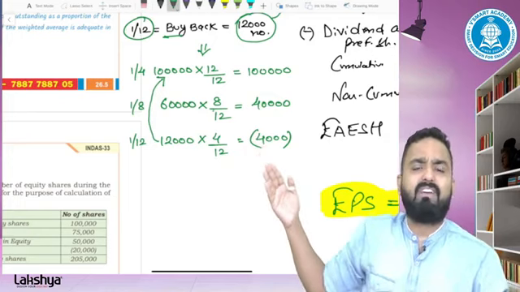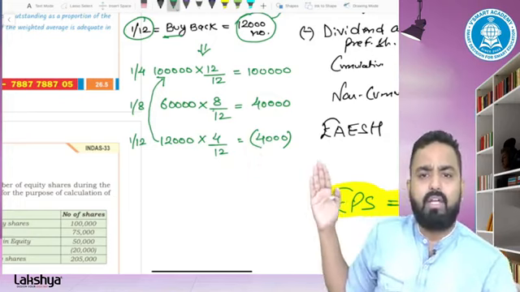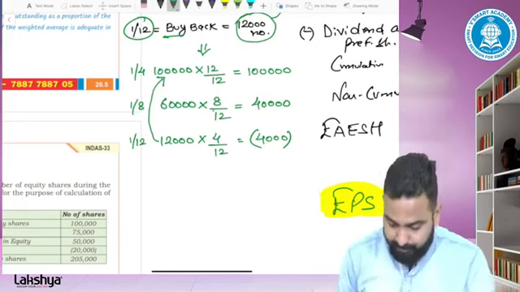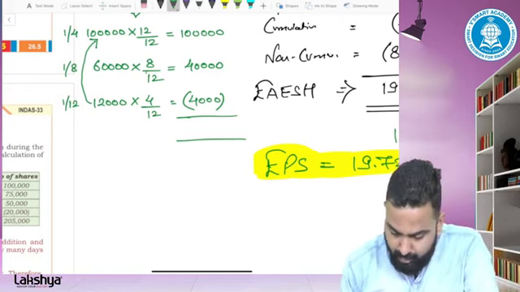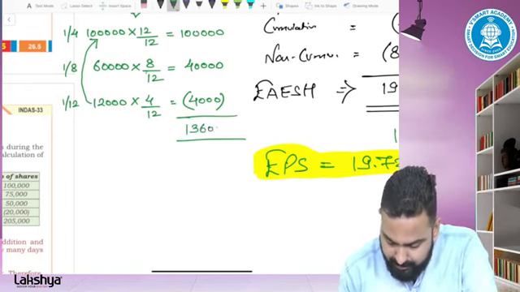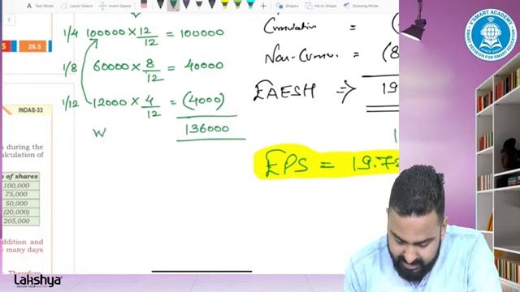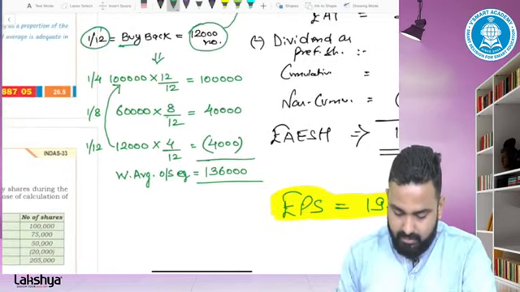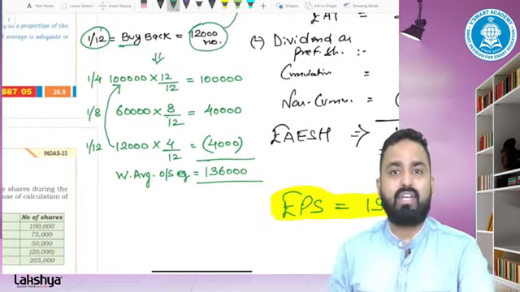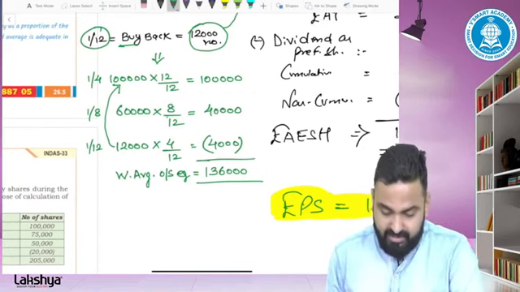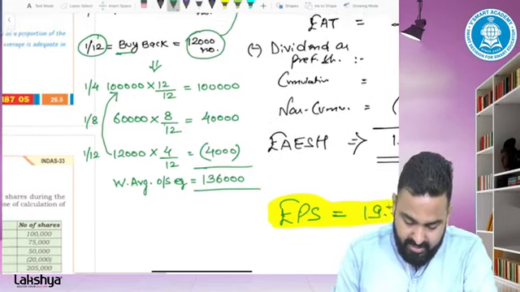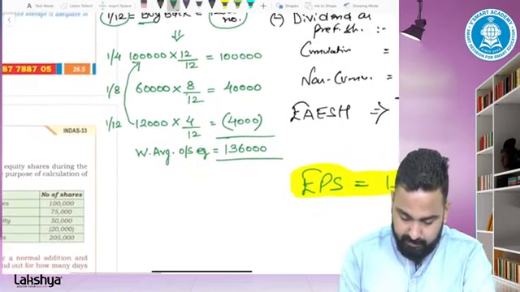So, finally, we got 1,36,000. So, 1,36,000 is the weighted average outstanding equity.